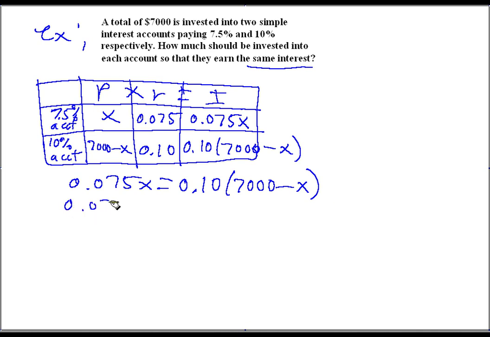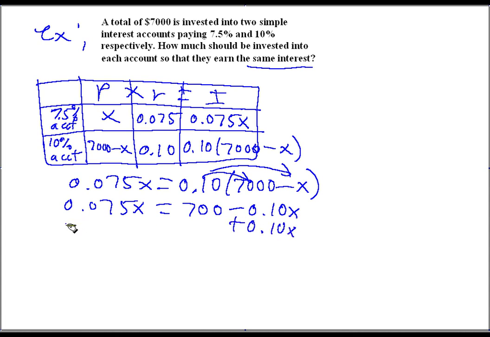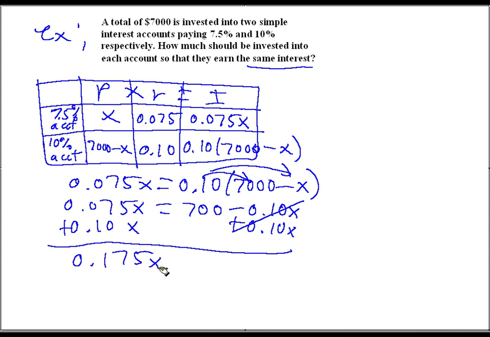So 0.075x equal to 0.10 times 7,000 is $700. 0.10 times negative x, negative 0.10x. Let me get x on the left, so let me add 0.10x to both sides. Alright, so I'm going to get 0.175x. 0.075 plus 0.10, 0.175.